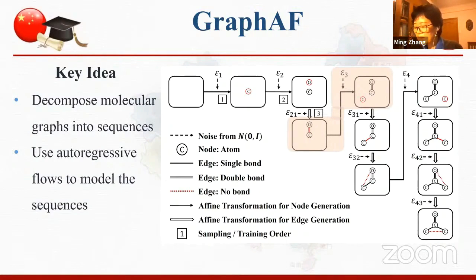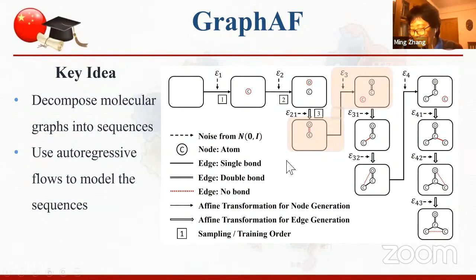So this is the structure of the proposed model of our ICLR 2020 paper. The key idea is to decompose the generation of a molecule into a sequence under a specific order, and then we use an auto-regressive flow to model the sequence.